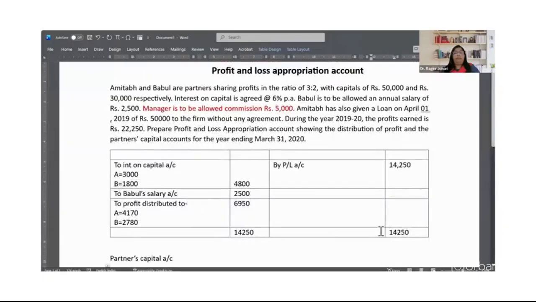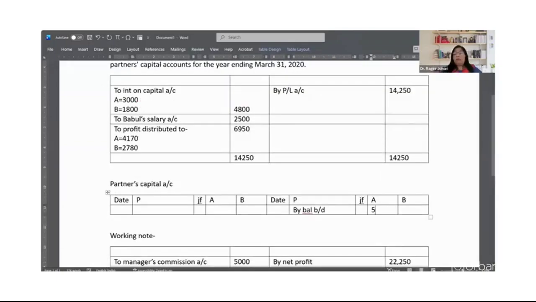Now, as I told you in the last video on partners capital account, since nothing is mentioned in this question, we will be using the fluctuating capital method. This is 50,000 and 30,000. Now, after that, what have they earned?